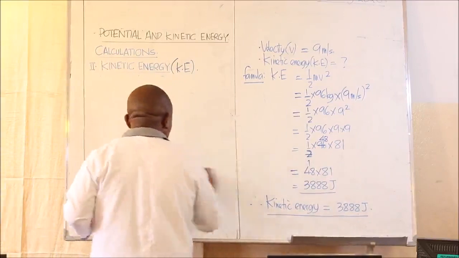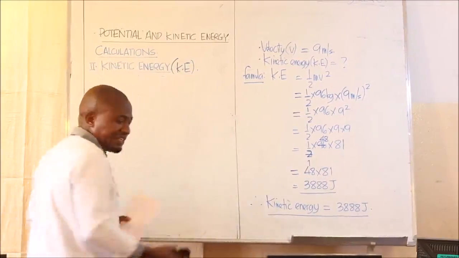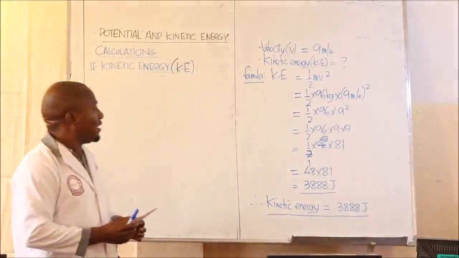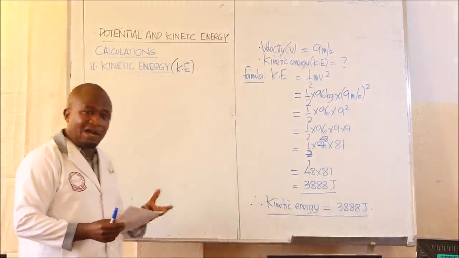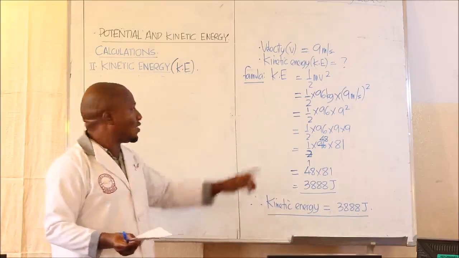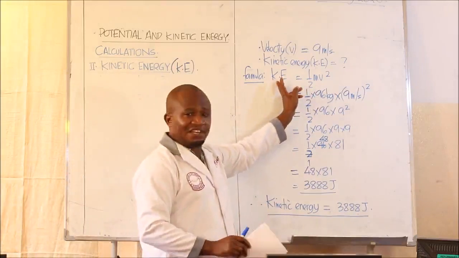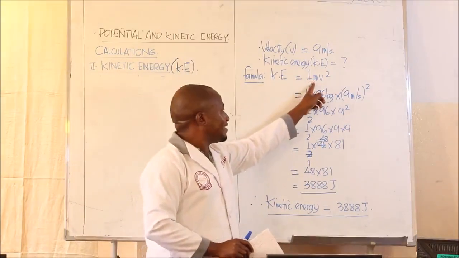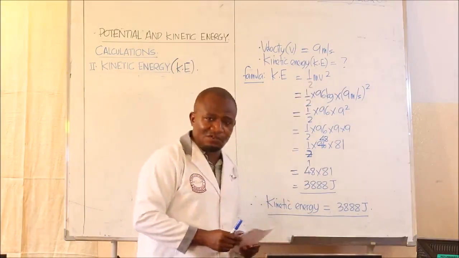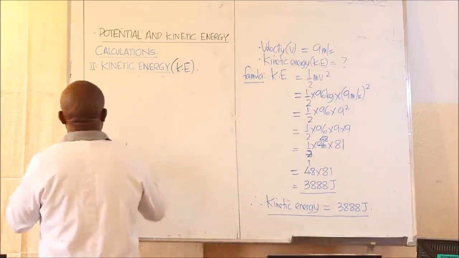Now, in example number 2, because calculating kinetic energy is understood, I want us to hide one of the variables. In this case, kinetic energy is given or known, mass is known, and you need to find velocity. Let us look at this problem. Very simple.